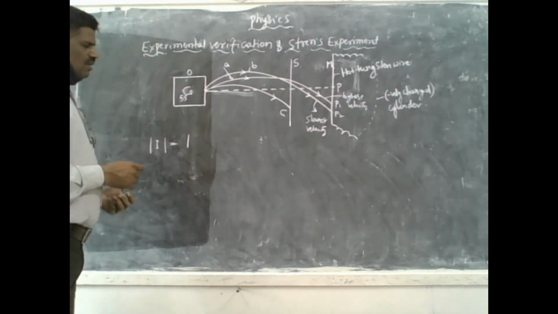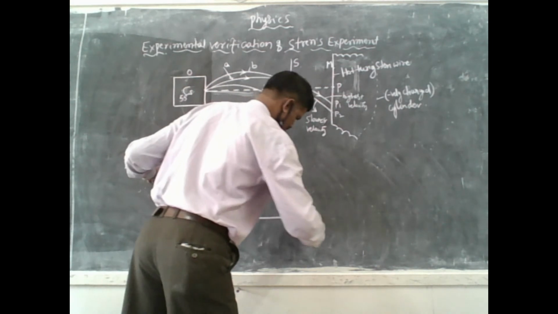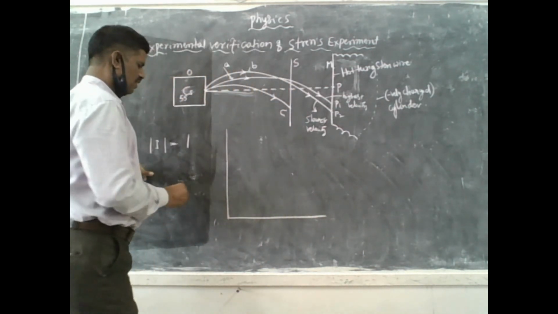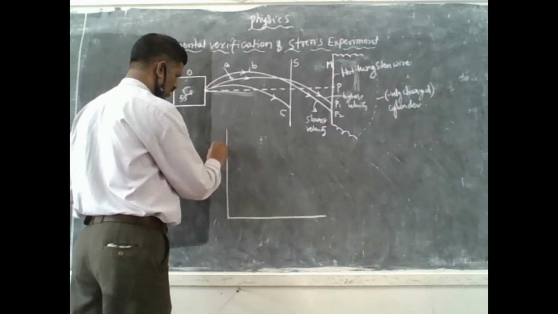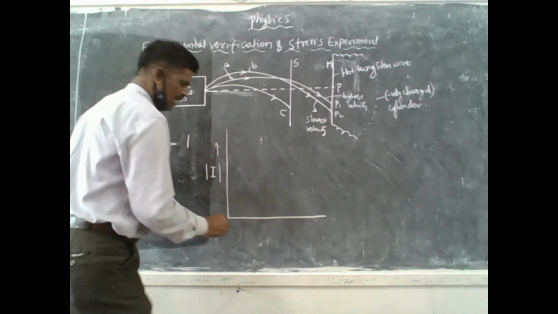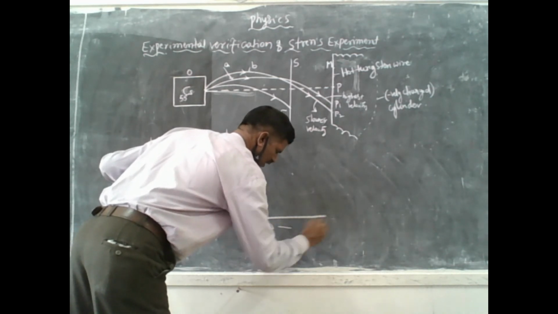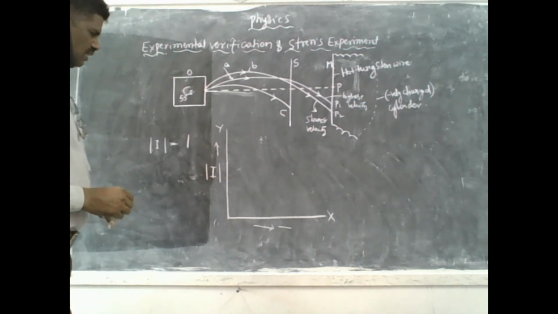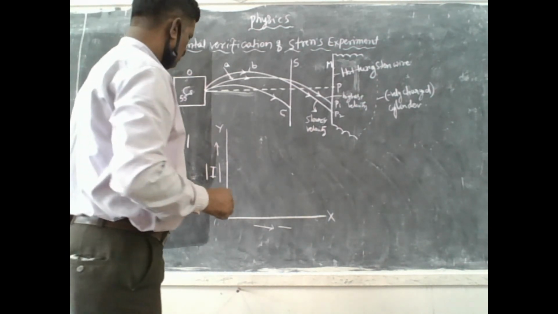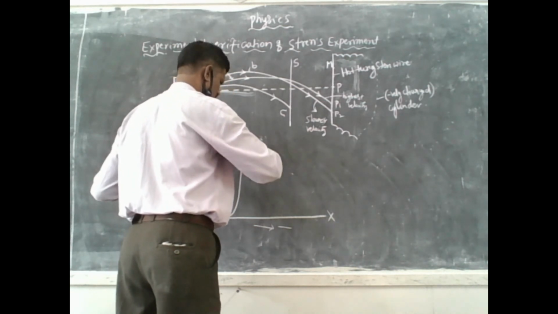So now if we plot a graph, the ionization current is taken along the y-axis and the height of the cylinder is taken along the x-axis, isn't it? So the curve goes like this.